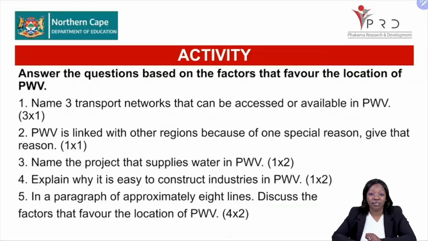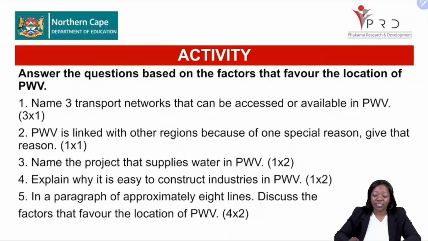You give that reason. Then number 3, you name the project that supplies water in PWV. Then number 4, you explain why it is easier to construct the industries in the PWV.